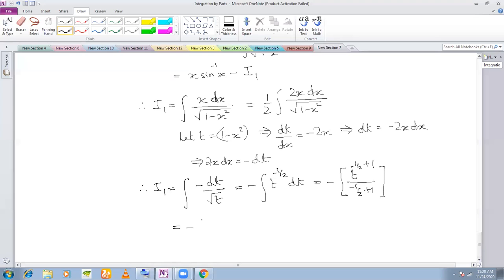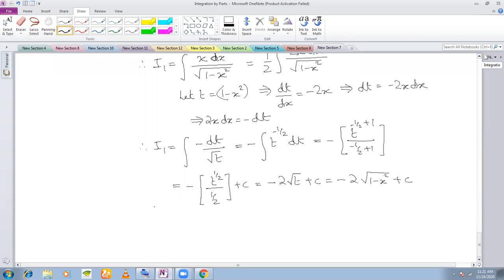So this becomes minus t to the power of half by half plus c. This simply becomes minus 2 root t plus c. Now put back the value. Minus 2, the value of t is 1 minus x square, plus c.